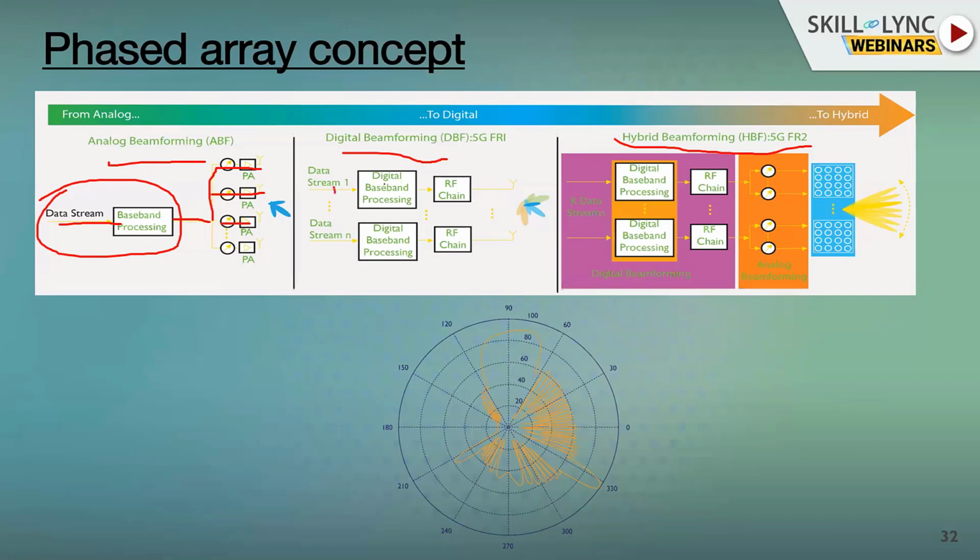Separate baseband processing is there for each RF chain. So here we have the flexibility that this can operate in one frequency band and this can operate in another frequency band. But cost-wise it is much more complex. It is design-wise complex, and the cost is also much higher.